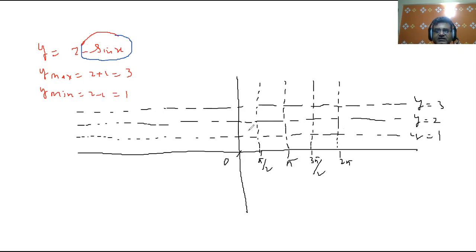So the graph will start from here. It will be like this. Now the graph will move like this, because here it is minus sin x, so it will be negative. So in 0 to pi by 2, when sin x is 1, then y will be 2 minus 1 is equal to 1. So the graph will move in this way. The period will remain the same. There will be no change in the period. The period will be equal to 2 pi.